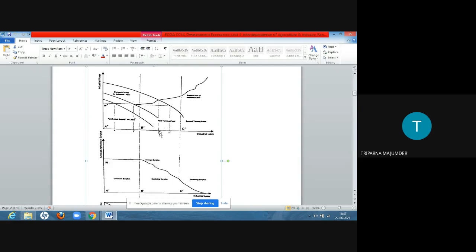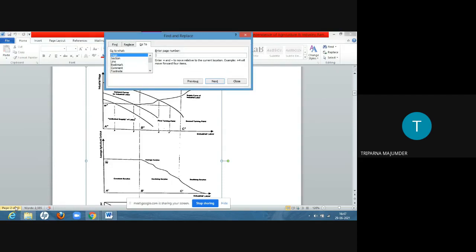In particular, without the existence of a surplus in the agricultural sector, it is difficult to create growth in the industrial sector. So this completes our model of Ranis and Fei. Hope you have understood.